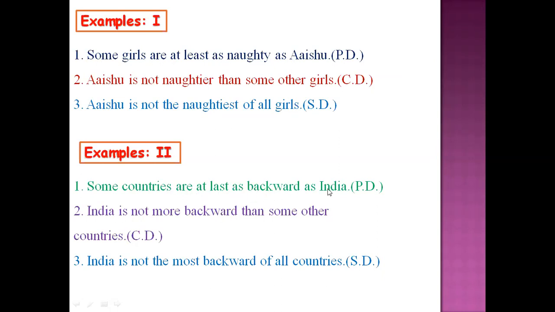This sentence is in positive degree. Now we'll see the comparative: India is not more backward than some other countries. India is not more backward than some other countries. And the third one: India is not the most backward of all countries. This sentence is in superlative degree.